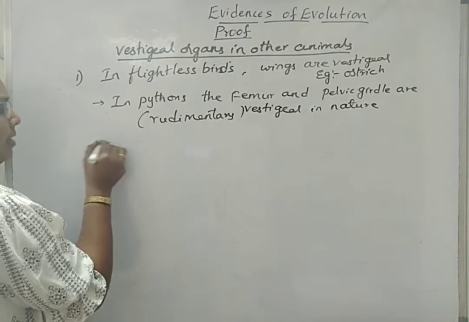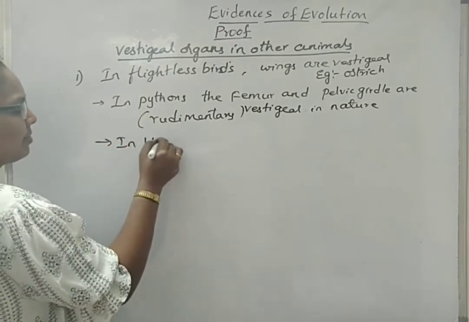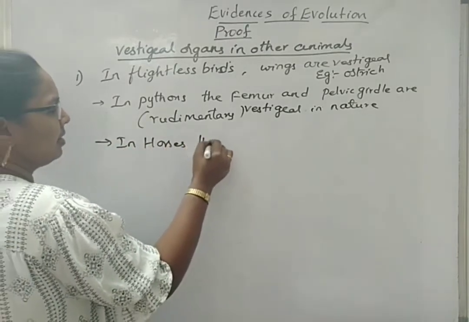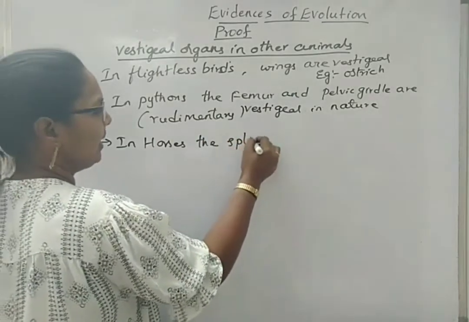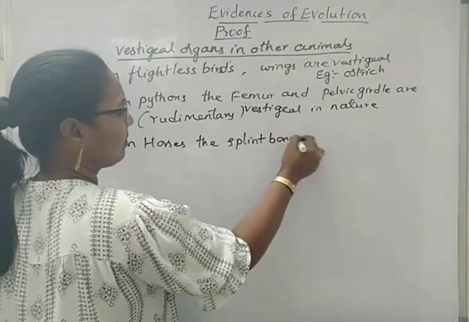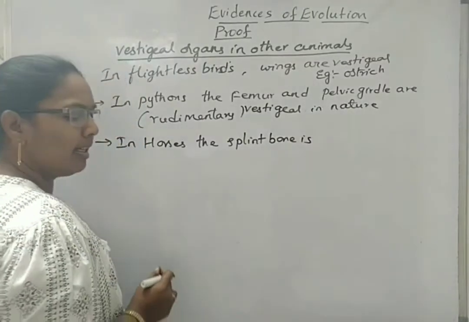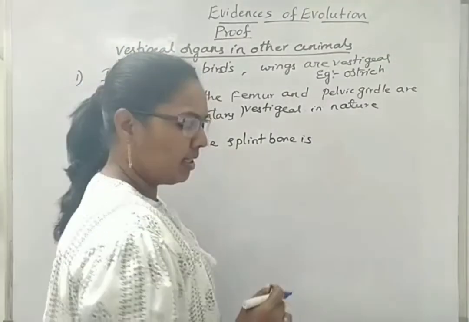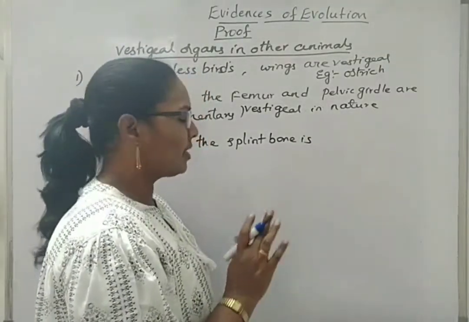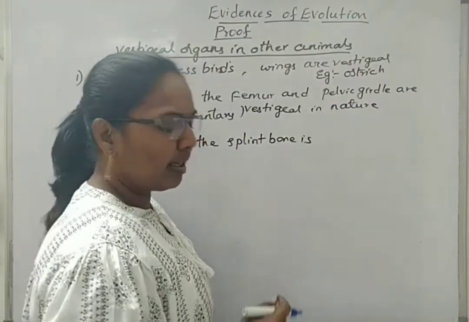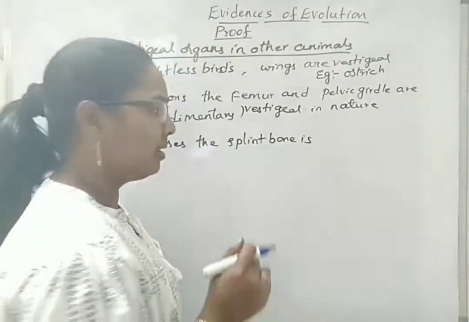Next, in horses, the splint bone, which is present at the leg region, is considered as the vestigial organ. It is nothing but a reduced digit in the leg.